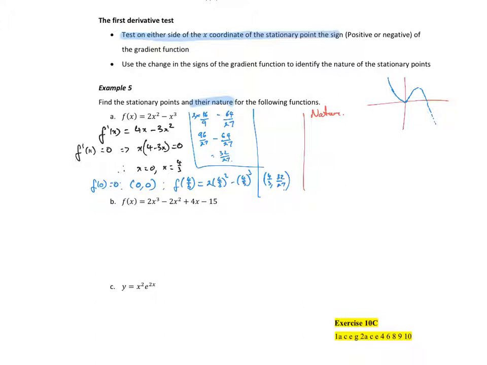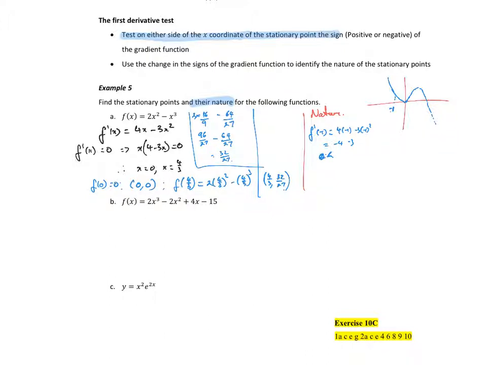So if I pick a value just left, say -1, f dash of -1 is equal to 4 times -1 minus 3 times (-1) squared, which is -4 minus 3, which is less than 0.